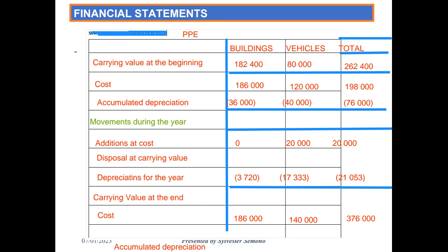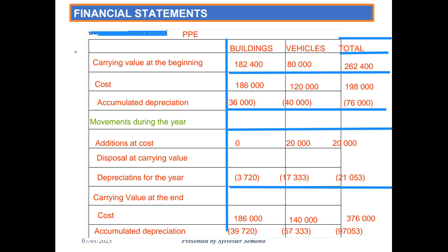For vehicles it's 57,333. And the total is 97,053.